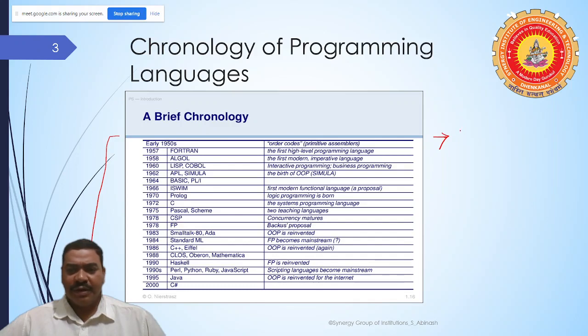The first programming language category is machine language, which is very difficult for human users to program a computer.